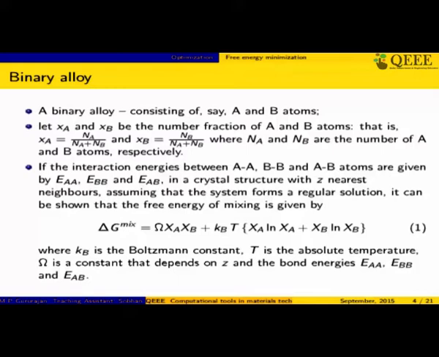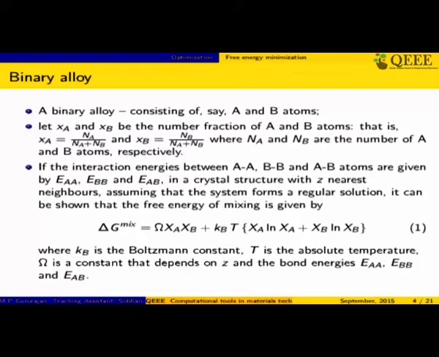That is, XA is the total number of A atoms divided by the total number of A and B atoms, and XB is the total number of B atoms divided by the total number of A and B atoms. So obviously XA and XB are related, so one of them can be written as 1 minus the other. We are going to assume that the interaction energies between AA, BB and AB atoms are given by EAA, EBB and EAB.